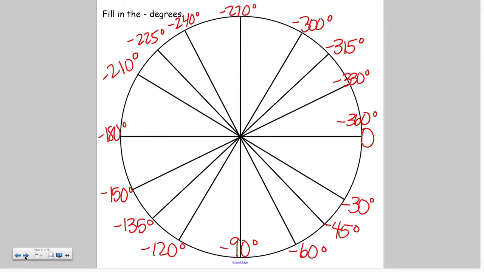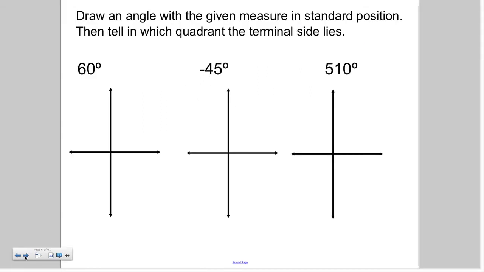Alright, so on page 3, now we're actually going to draw an angle with a given measure in center position, then determine which quadrant that terminal side where it ends lies in. So the first one is 60 degrees. I'm always going to start here at 0, and then I've got 90, 180, 270, and back to 360.